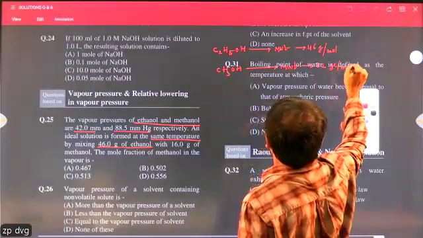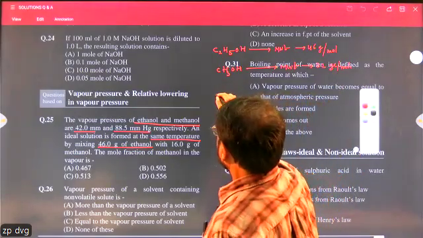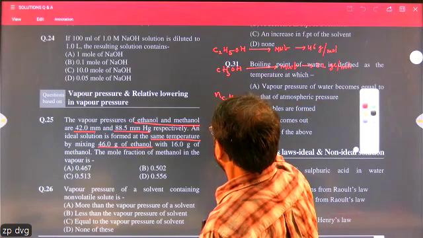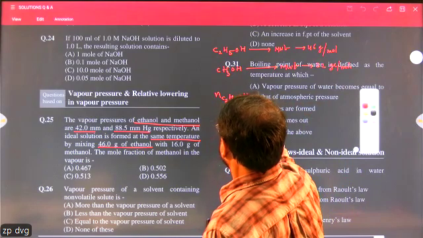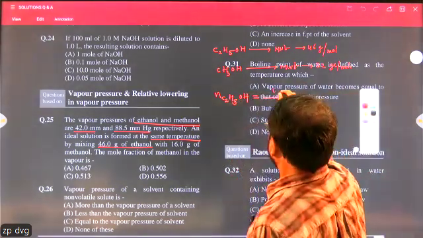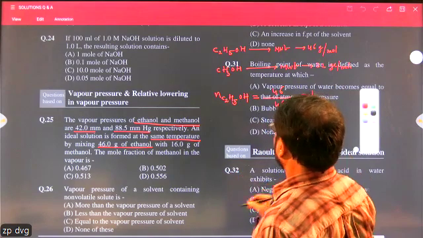And let us calculate the number of moles of ethyl alcohol. Number of moles of ethyl alcohol is equal to its mass 46 divided by 46, which is equal to 1 mole.